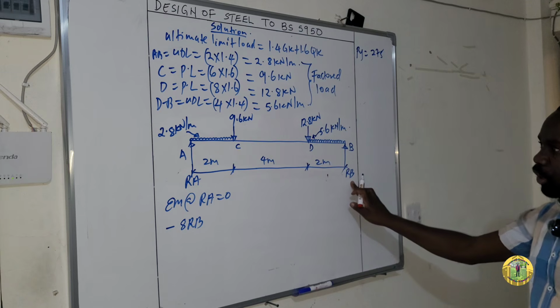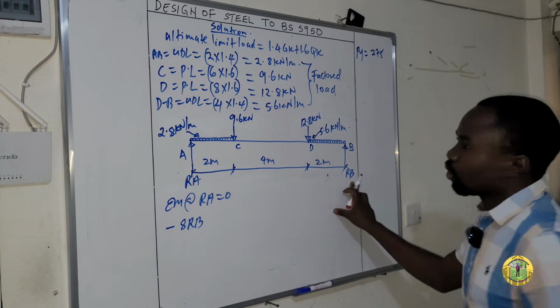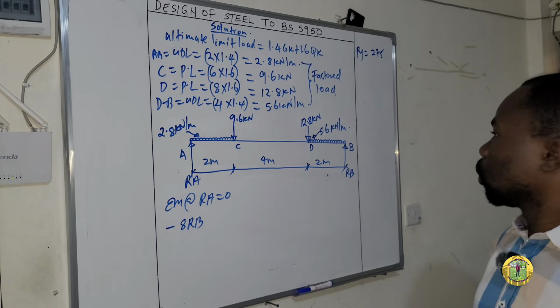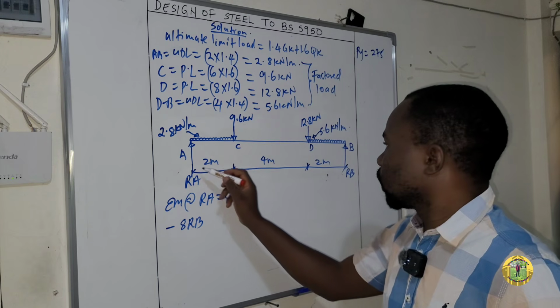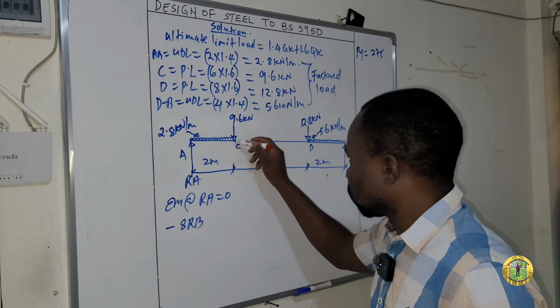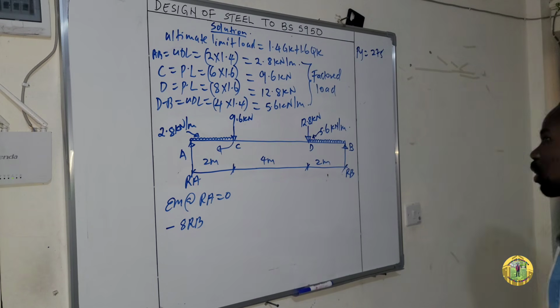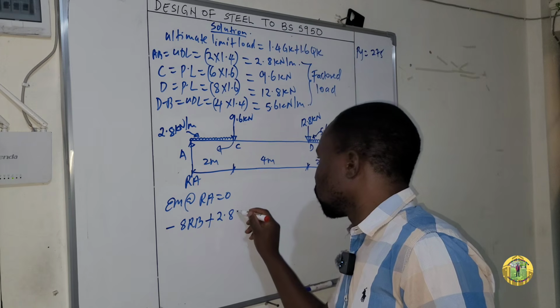After RB, we now come to the loading which is so close to A. So we have a UDL of 2.8 kilonewton. In which direction is this UDL moving in reference to point A? It is moving in that direction, so this is clockwise, plus 2.8.